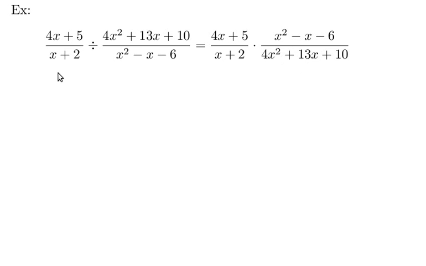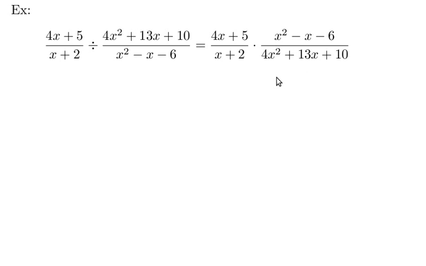Always remember that it's the second fraction that you flip, not the first one. And remember, you do that before you do anything else. I'm kind of afraid I'm going to see some people do something else and then flip the fraction at a time when you're not supposed to.